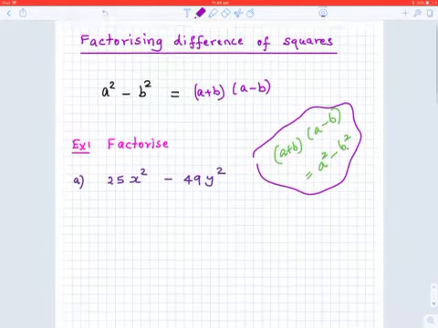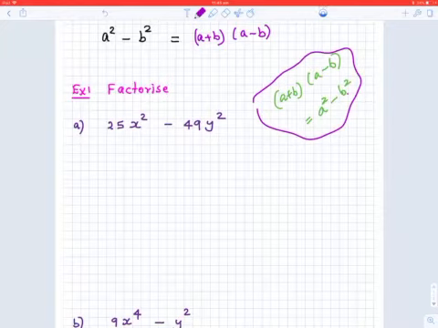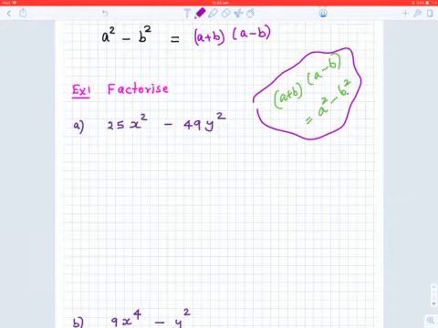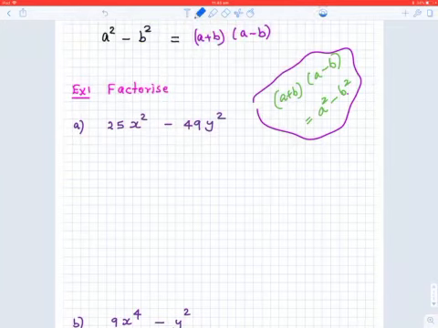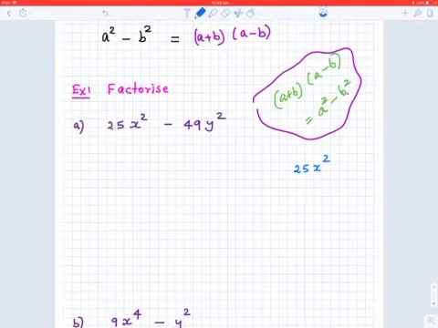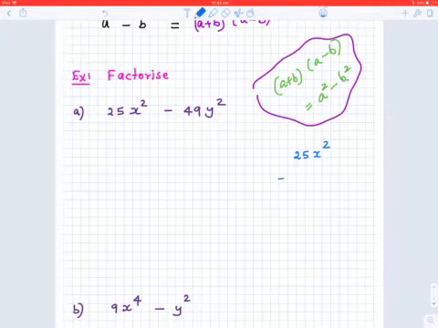Right, the first question we are going to do is factorize 25x squared minus 49y squared. First of all, we have only two terms. The first term is 25x squared. 25 is a square number, so 25x squared is a perfect square.